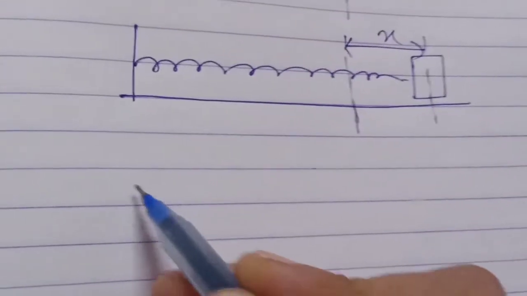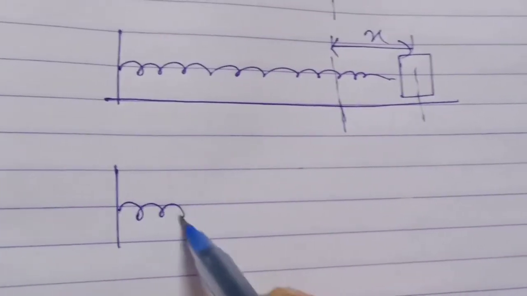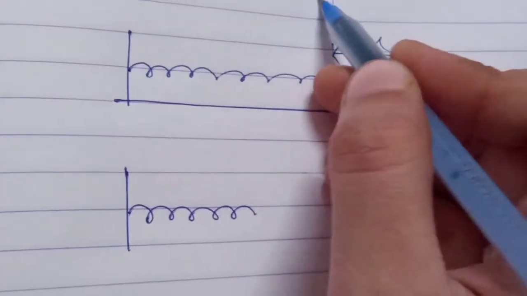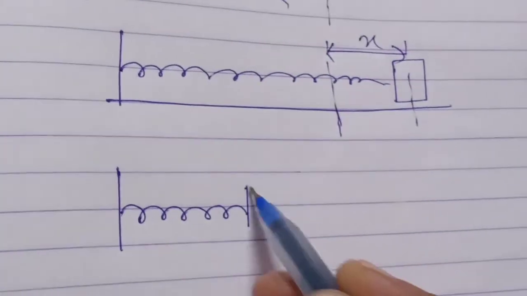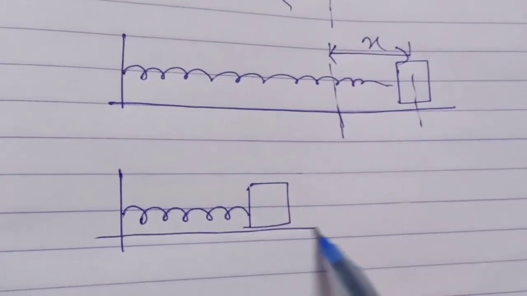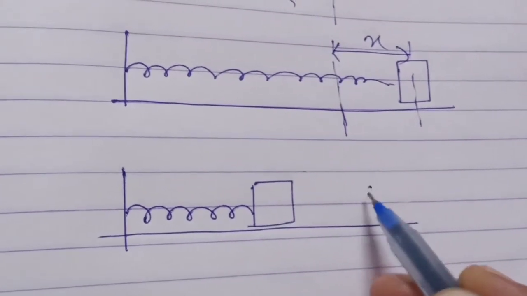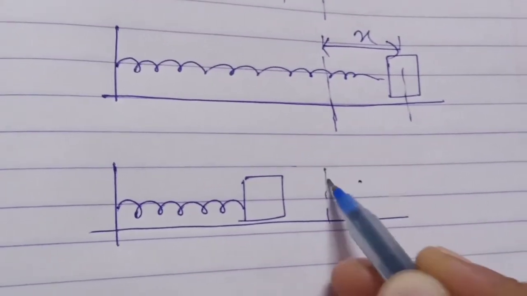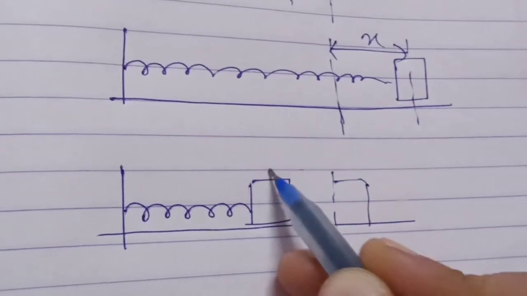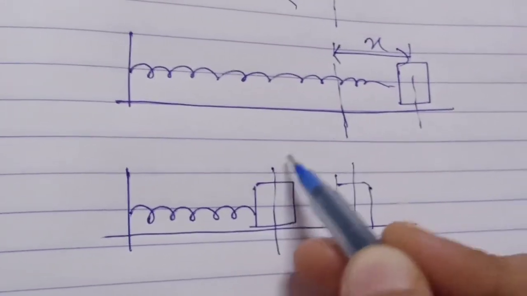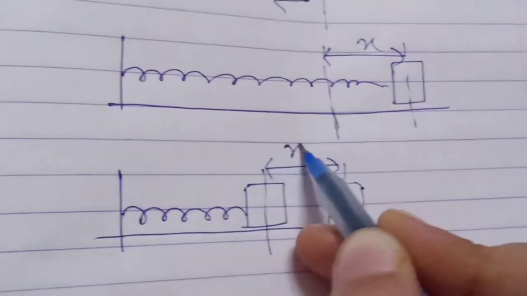If we compress the block like this, then the difference between the mean position and the real position is x.